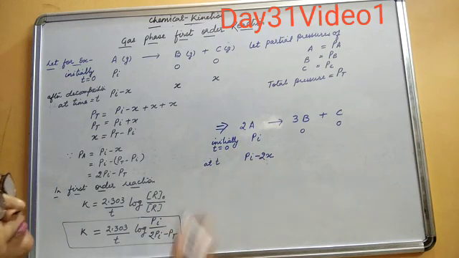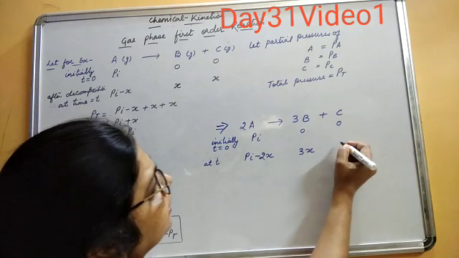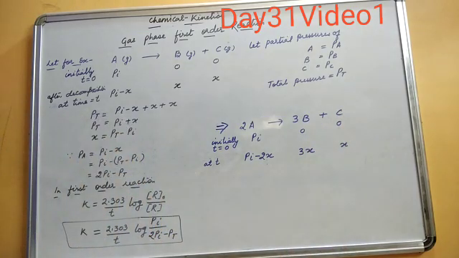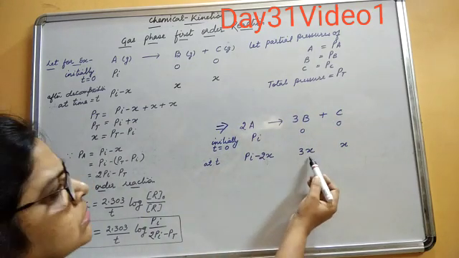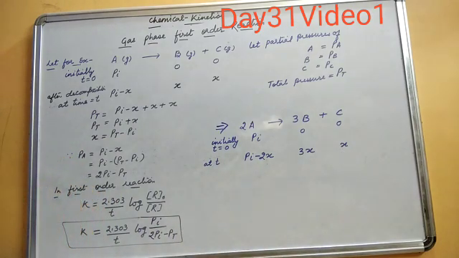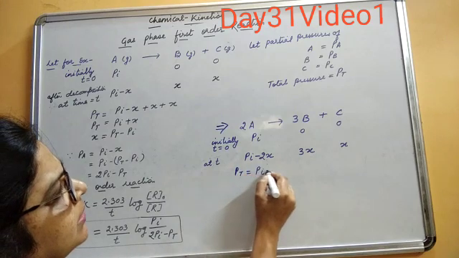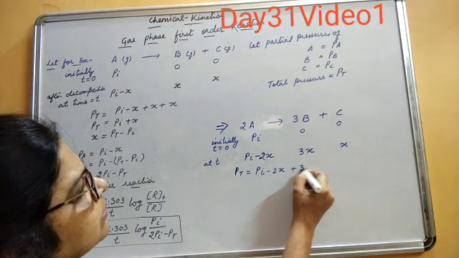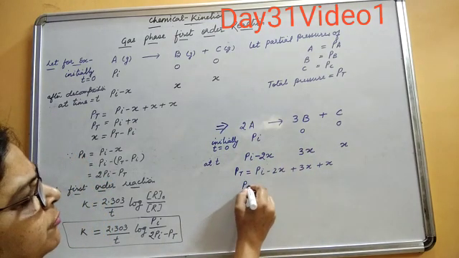So here 2x we have to remove, 3x of B will be formed, and x of C will be formed. Due to these stoichiometric coefficients, the pressures of these gases, whatever number of reactants and products there are, will also change. So finally the total pressure Pt will be Pi minus 2x plus 3x plus x. So here Pt will be different.